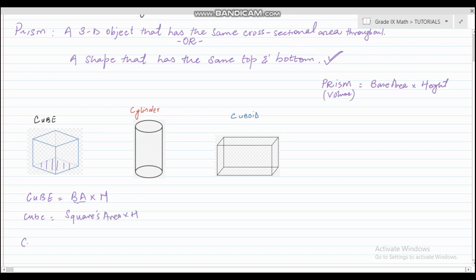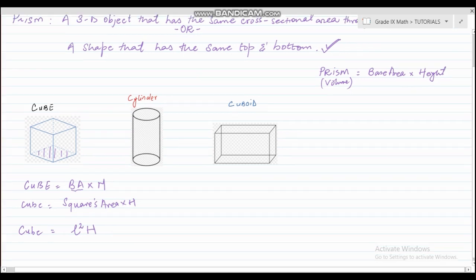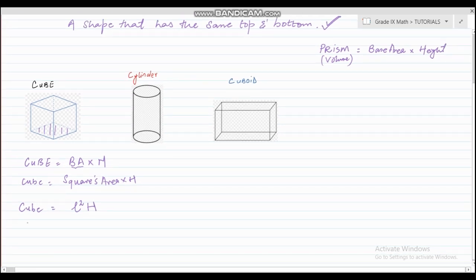We all are aware that a square's area is L squared, and then H. For a cube we know all the dimensions are equal, so instead of H I can write L, and that would give me L cubed. So that is the formula for your cube.